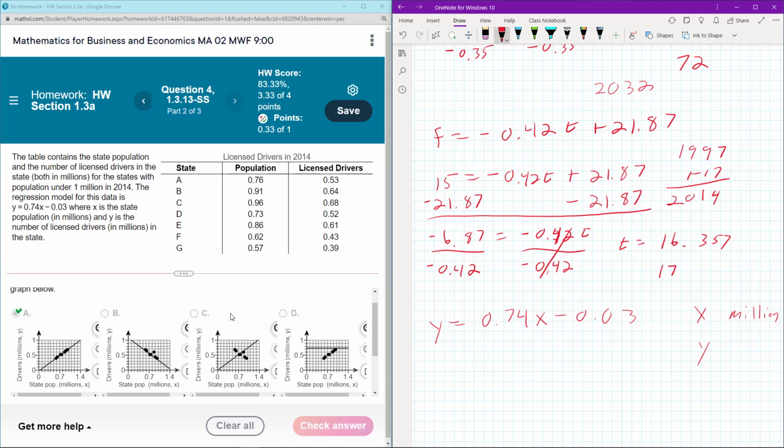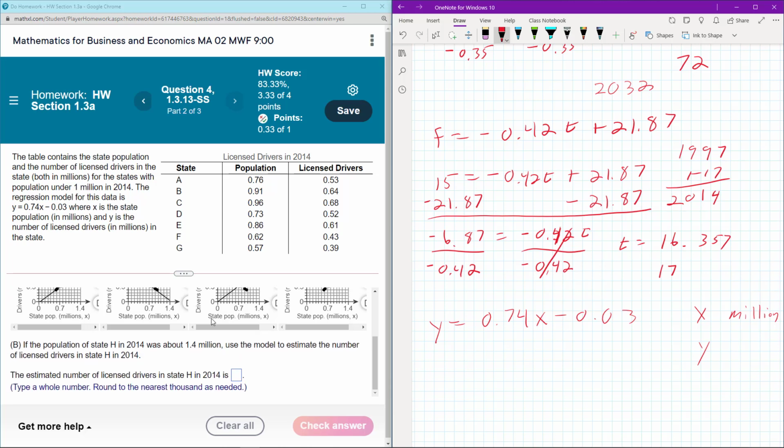All right, that state population is 1.4 million, so we are going to have that y is equal to 0.74 times 1.4 minus 0.03. And when I do that, I have that y is equal to 1.006 million people.